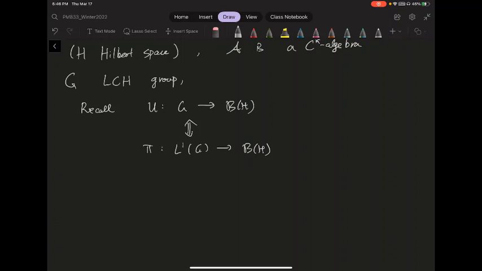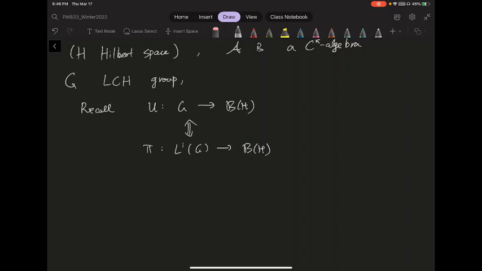So we talked about the integration and disintegration. Starting from a unitary one, you can integrate it to a star representation of the L1 space. And the converse is also true. If you have some non-degenerate star representation, you can always decompose it into a unitary representation.